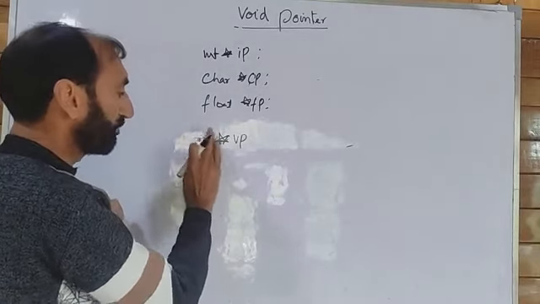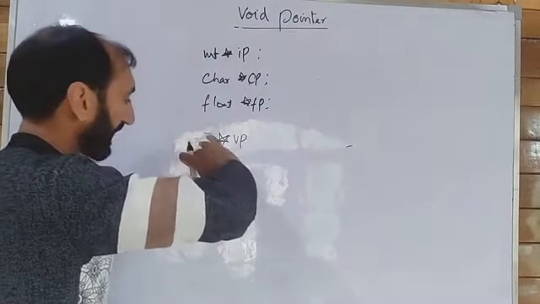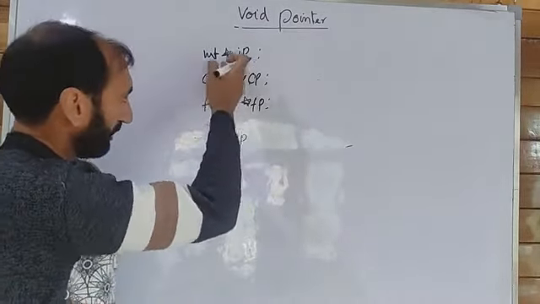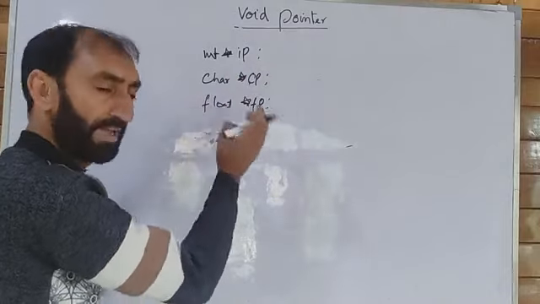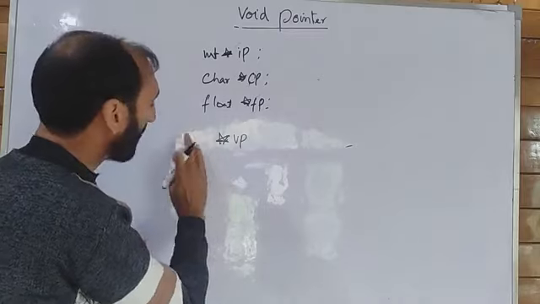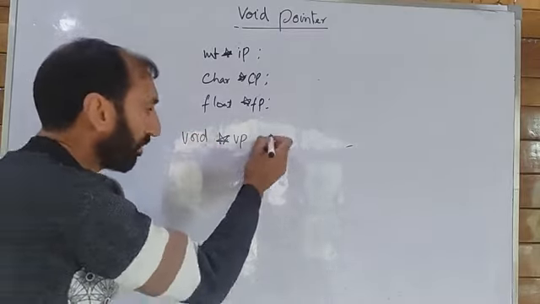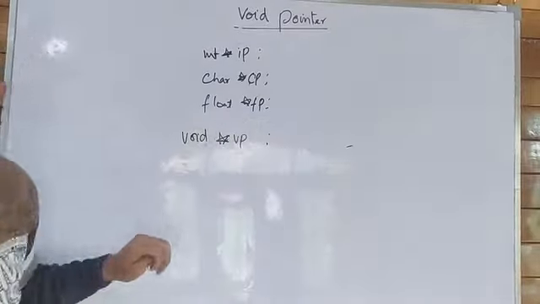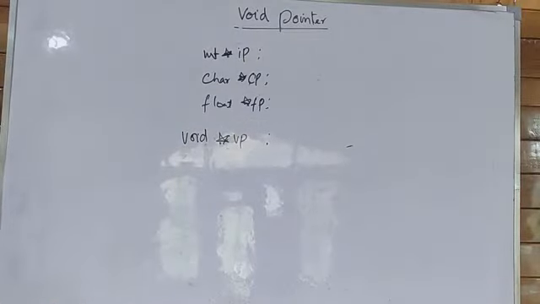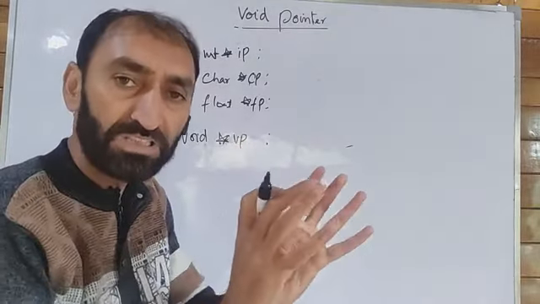If I put char here, it will become a character pointer. If I write double or float here, it will become a floating pointer. But what is void pointer? Void pointer is a pointer that has no data type associated with it. That means a pointer having no data type associated with it.